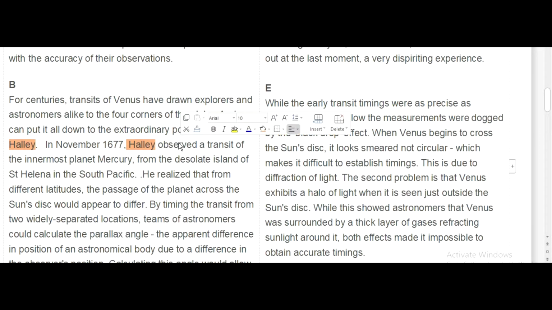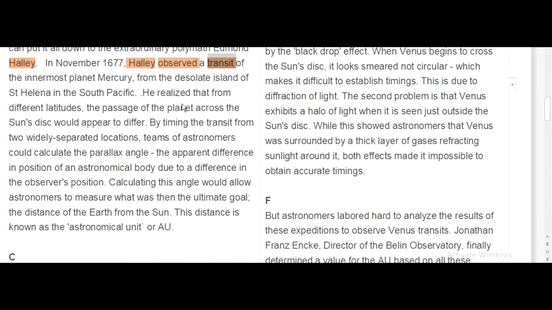Here I have found my second keyword, observed, something about transit, and something about planet, something about transit. I am now scanning for the keyword Venus further.